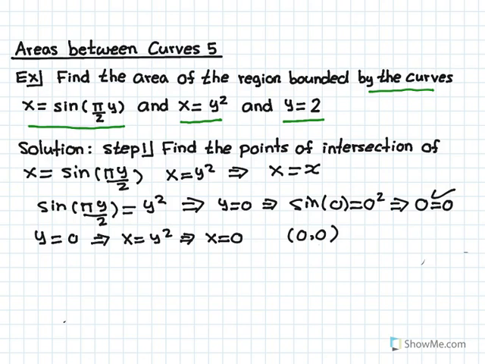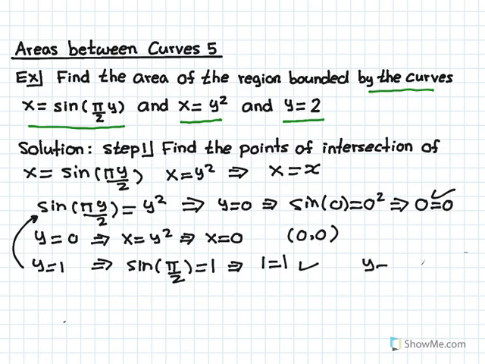So now let's try y equals 1. If we plug y equals 1 into this equation, we get sine of pi over 2 is equal to 1 squared, which is 1, and sine of pi over 2 is just 1, so we get 1 equals 1, and that works out. That means y equals 1 is another y coordinate of a point of intersection.